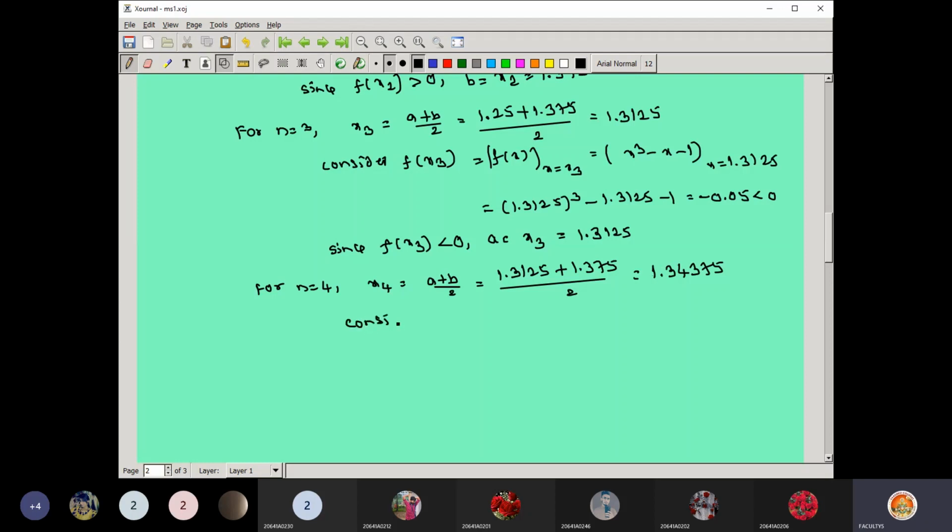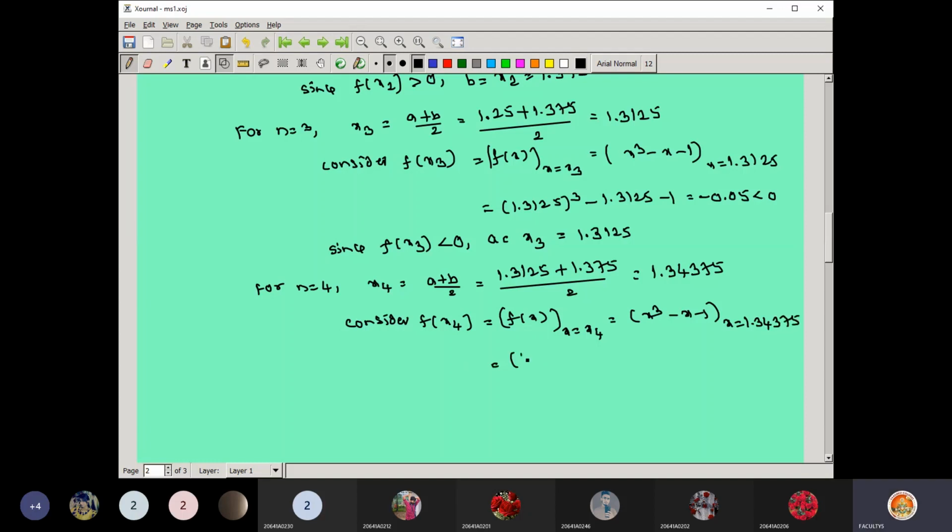So if you get 0, stop here. f of x4 means f of x at x equal to x4. Your f of x is nothing but x cube minus x minus 1, with x equal to 1.34375.